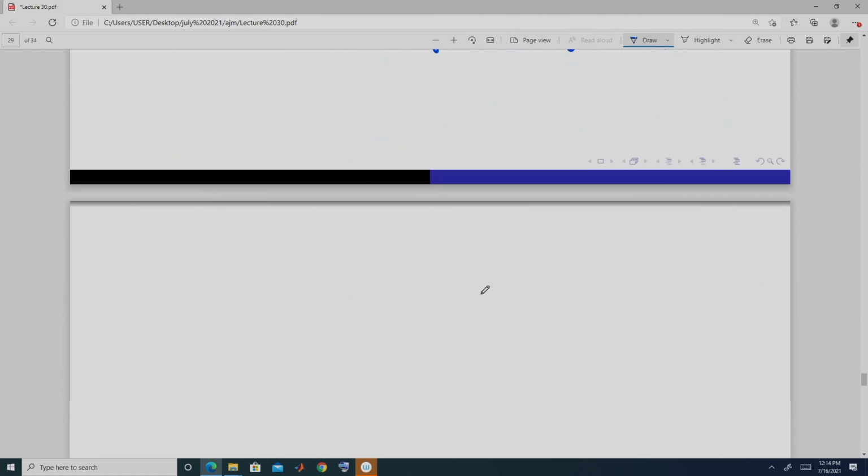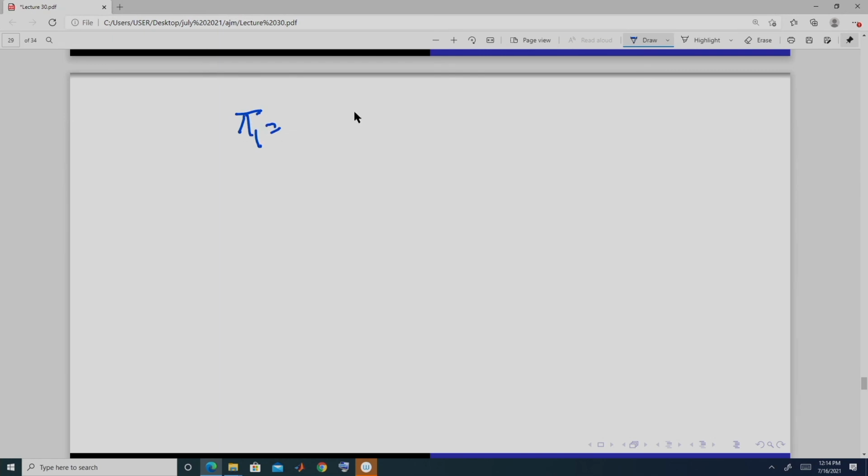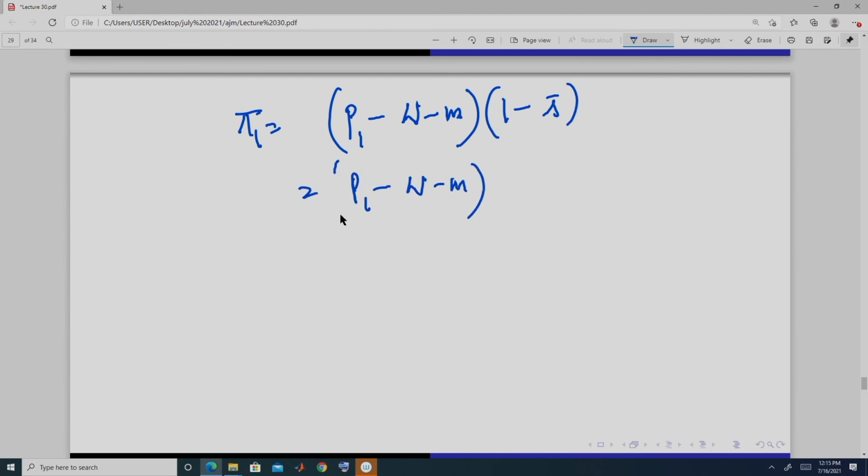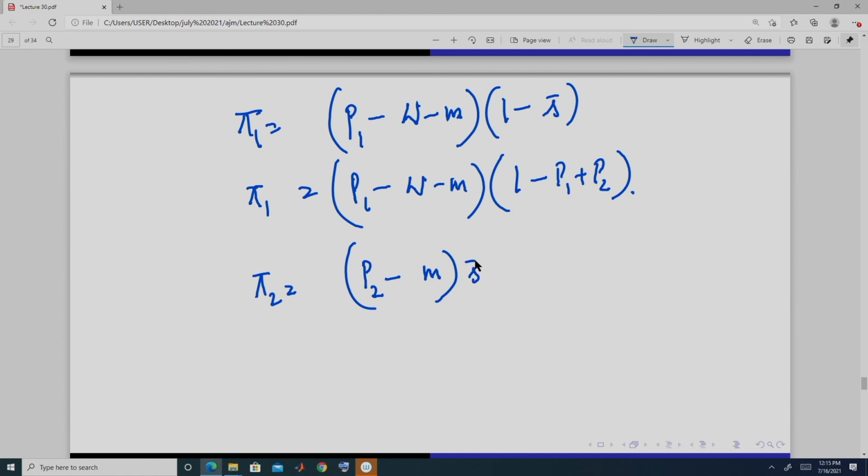Now, we define the profit function. The profit function of firm 1 is: it will charge the price P1 and subtract the marginal cost from service and the marginal cost from product, into the number of people it will be serving, which is equal to this. And the profit of firm 2 is this.